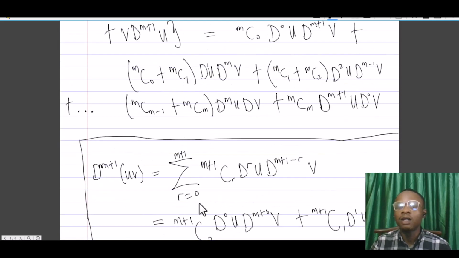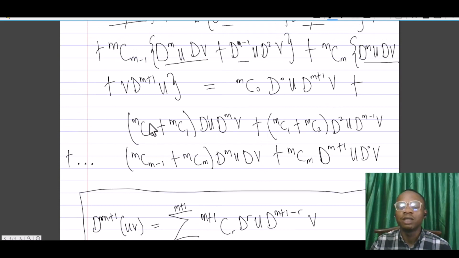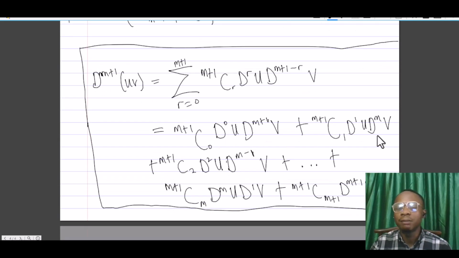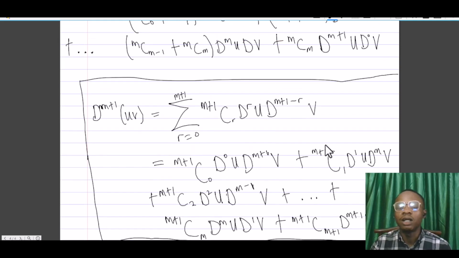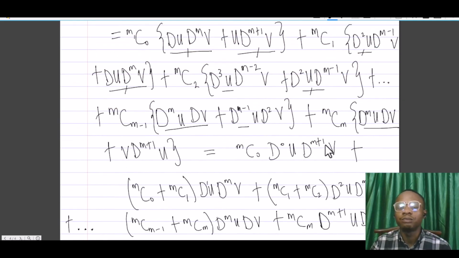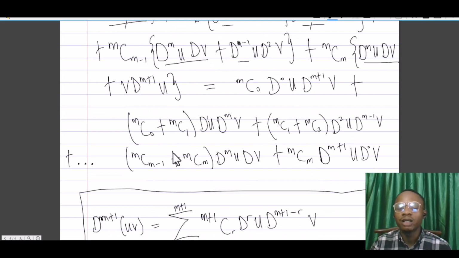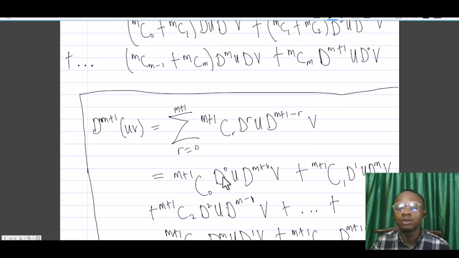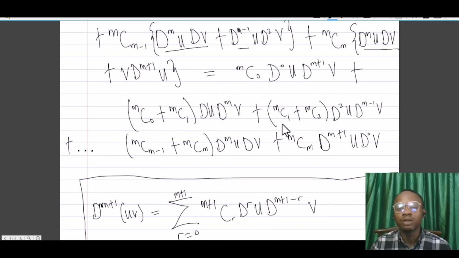Going further also, can we say that m combination 0 plus m combination 1 is the same as (m+1) combination 1? And for this also, can we say that m combination 1 plus m combination 2 is the same thing as (m+1) combination 2? So those are the issues we have to deal with now.